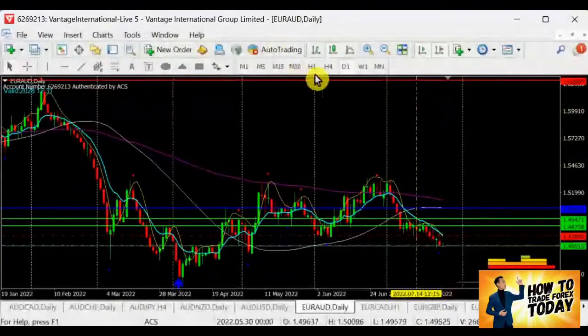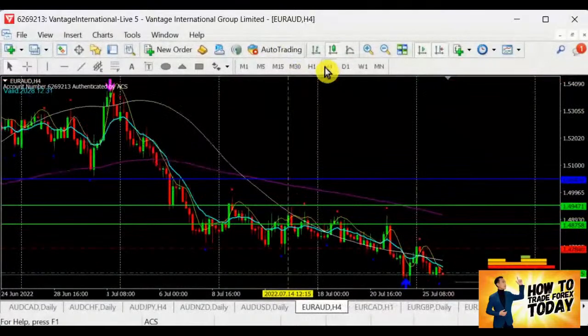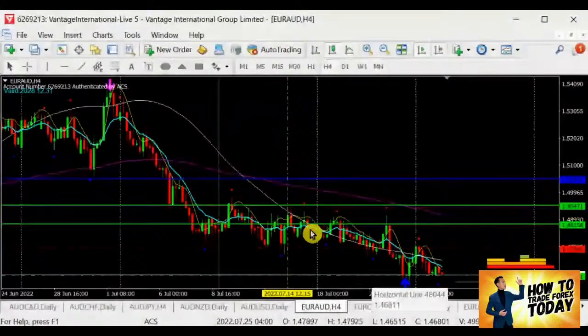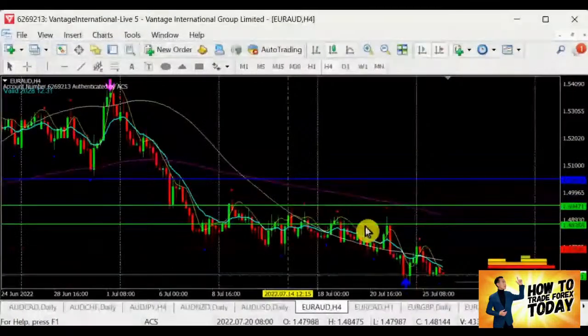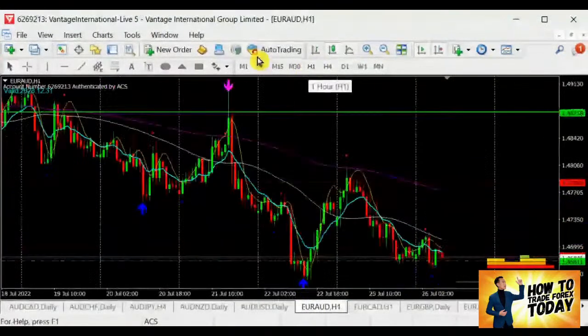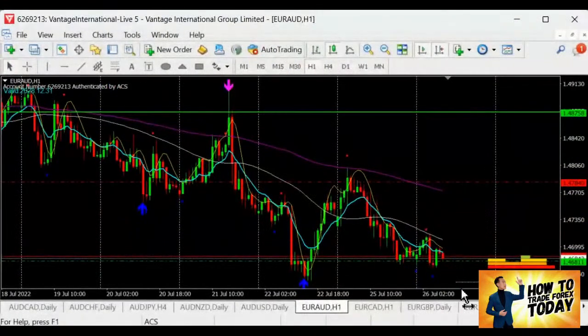At this moment the support is still there. We are very near to the support level, still hovering on the support area. So I'm waiting for it to break the support area and retest once again. Then I will start selling.